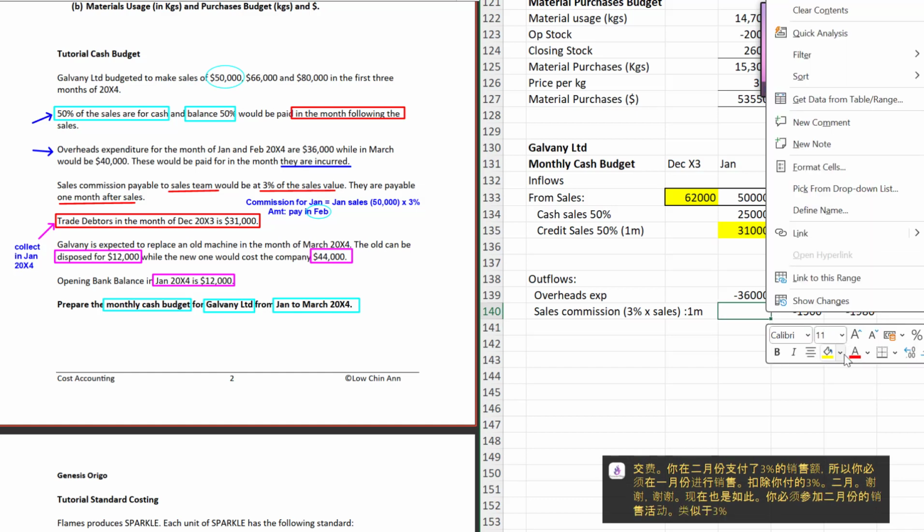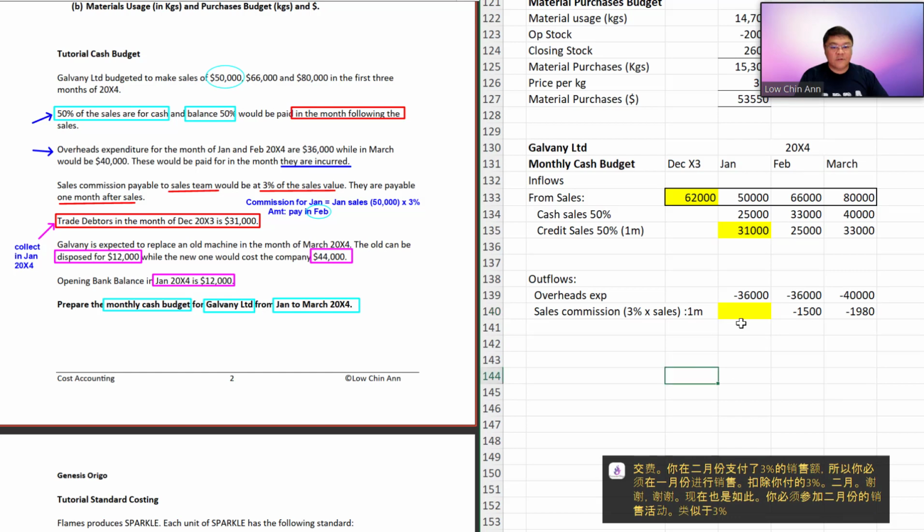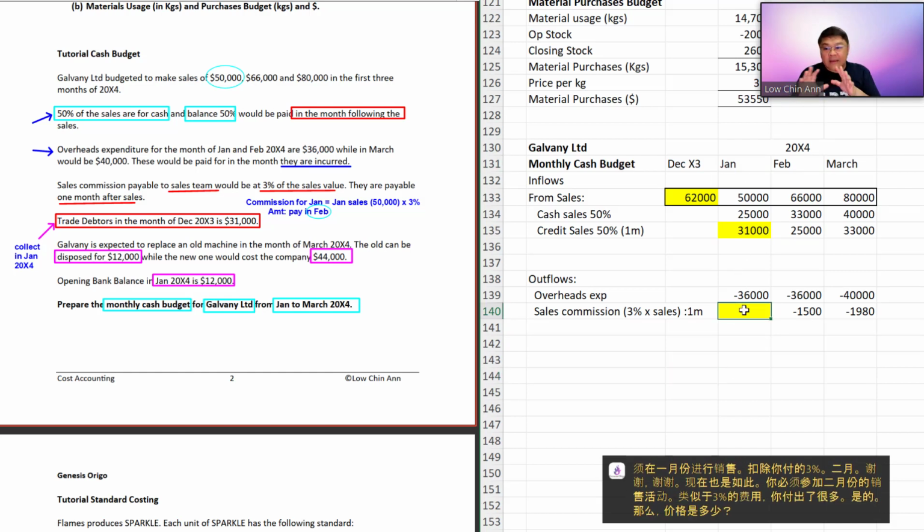So how much then is the commission for January? I need to know the commission. Again, I need to find a clue to solve this question. Where will the clue be? The clue will be from the debtors. That's why if you cannot see this, you're going to have a problem even identifying how much is the sales and then how much is the commission.